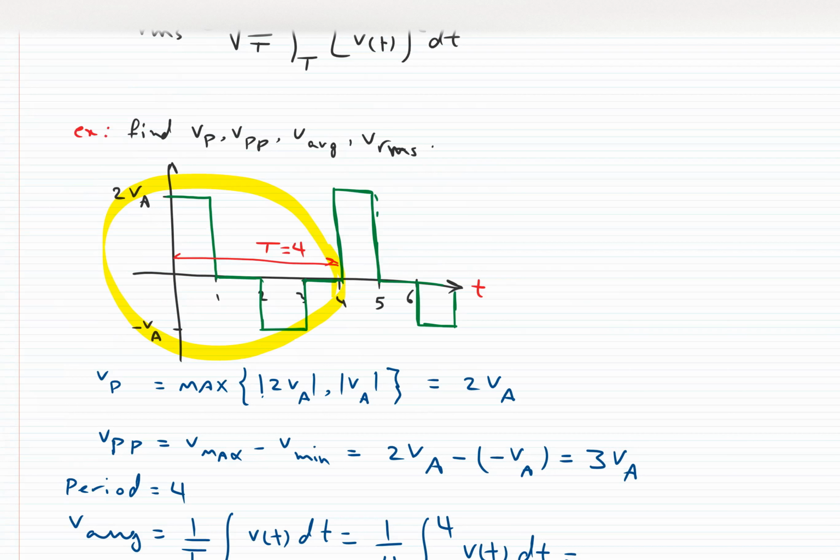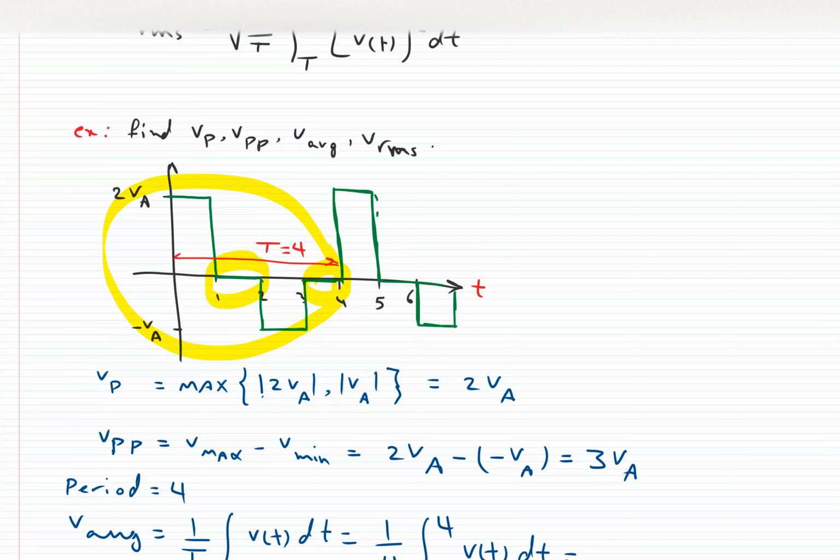From 0 to 1, we have one signal. From 1 to 2, there is no signal. From 2 to 3, we have another signal. And from 3 to 4, there is no signal. For those parts that there is no signal, we don't need to write any integral because the integral will be 0. But for those parts that include signal, we need to separate the integral for each of those parts.